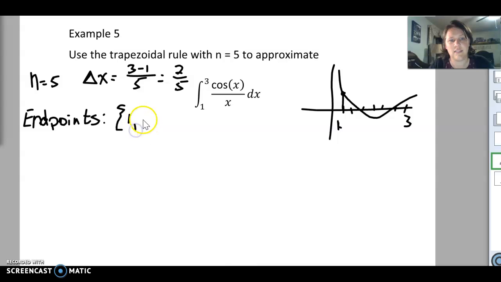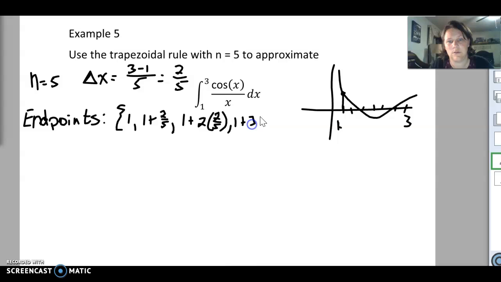Okay. Our next endpoint is going to be 1 plus 2/5. Next one is going to be 1 plus 2 times 2/5. And so on until we get all the way up to 3.